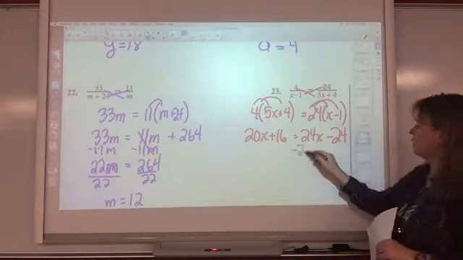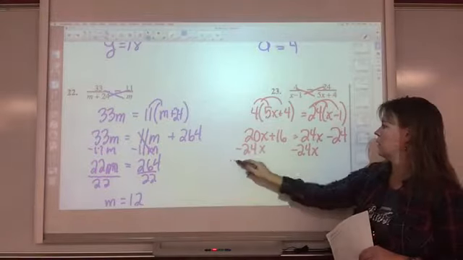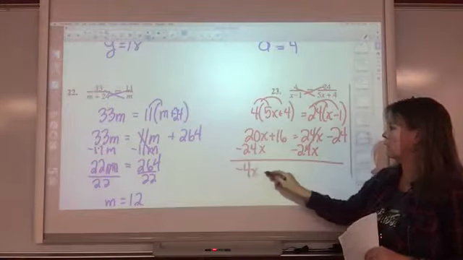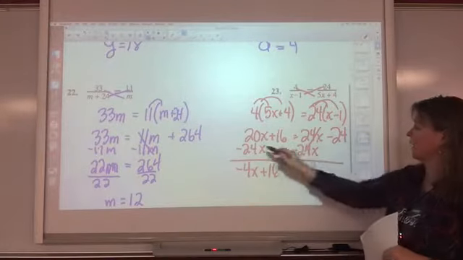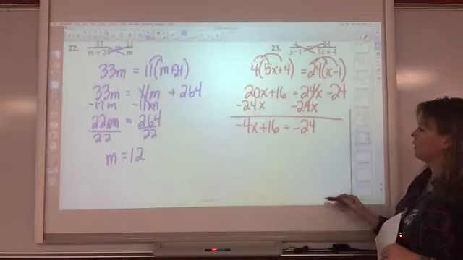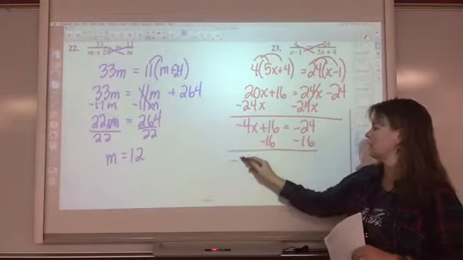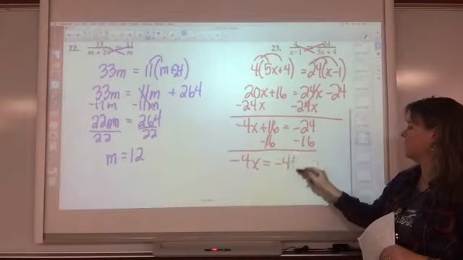From here, I'm going to get like terms on the same side of the equation again. Minus 24x from both sides, you get negative 4x plus 16 equals negative 24. Do not lose those negatives. They're important. Minus 16 to get the constants together. Negative 4x equals negative 40.